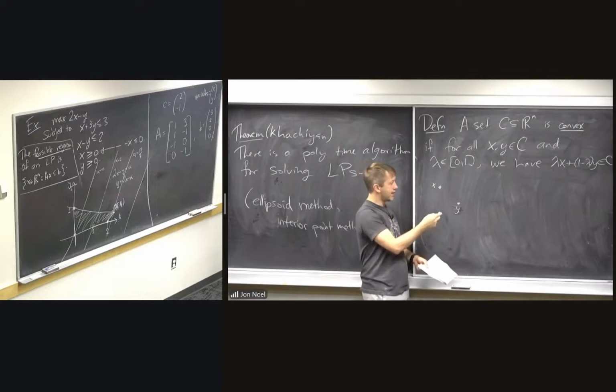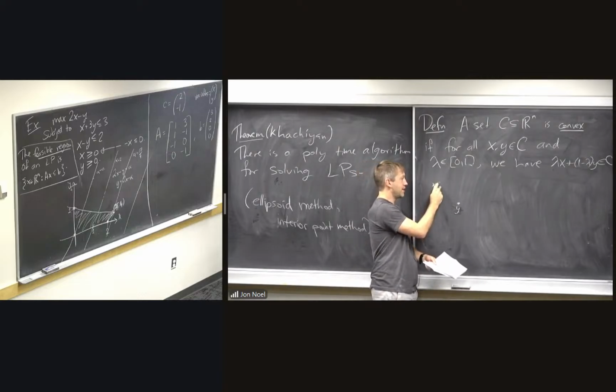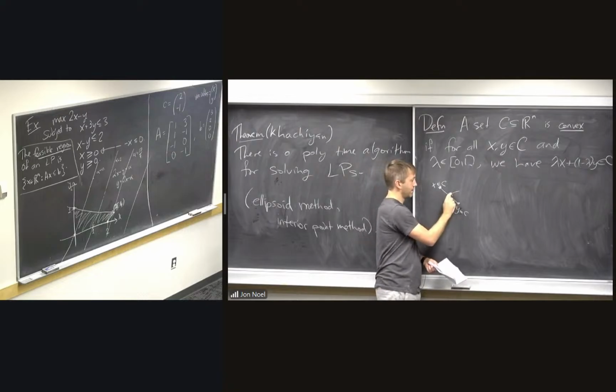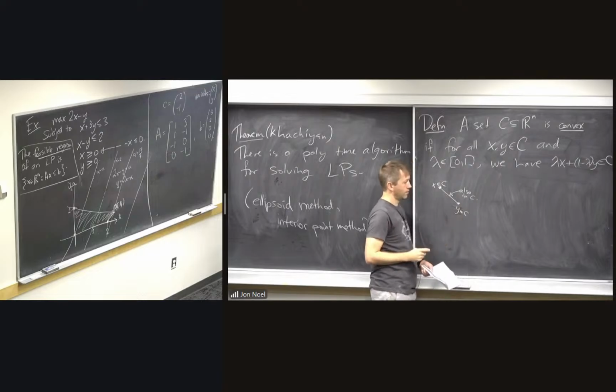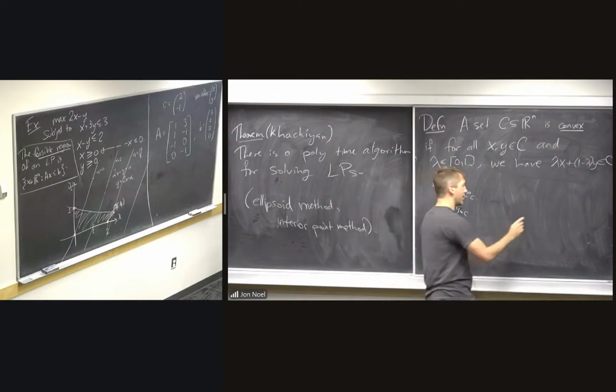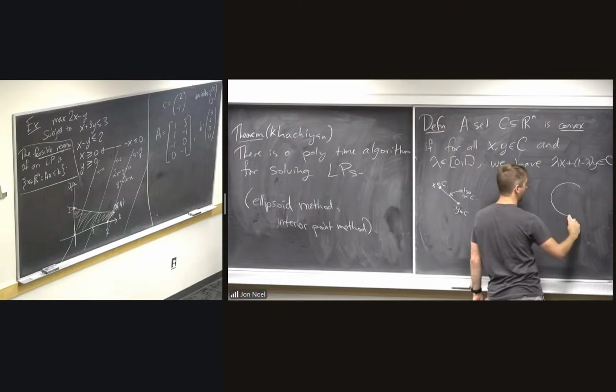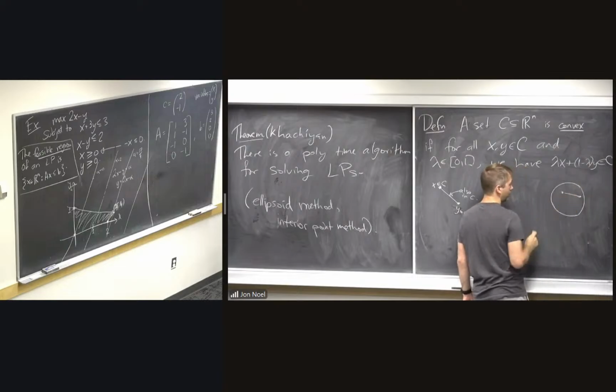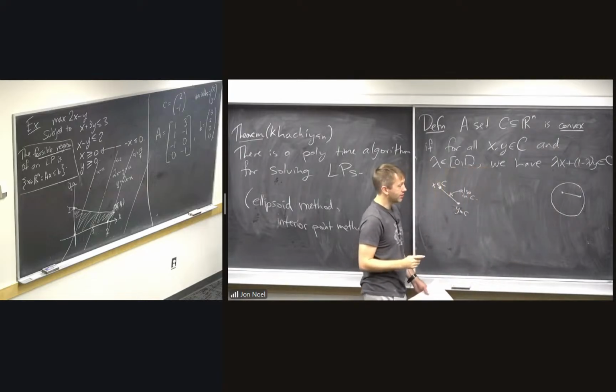What this is saying is that if I take x in C and y in C, then all the points on the line segment between them are also in C. Examples are like a circle, right? A circle is definitely convex. If I take 2 points in the circle, the line segment between them is inside the circle.